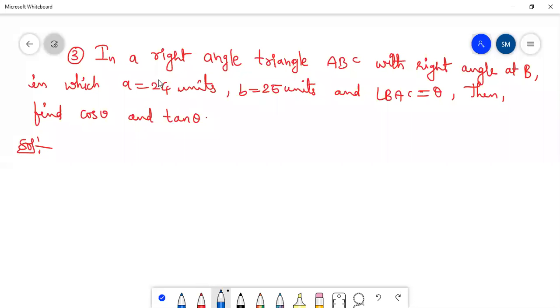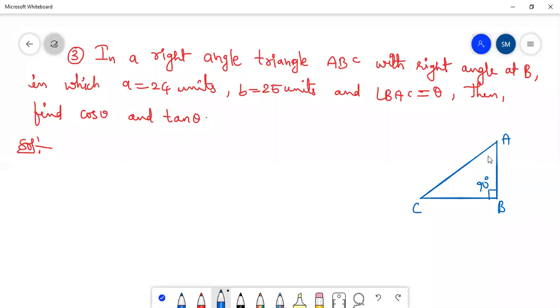Third problem. In a right angle triangle ABC with right angle at B. First we can draw the right angle triangle. Right angle at B, this is B, here 90 degrees. Suppose the vertices of the other two are A and C. Then the small letters denote the sides opposite the angles.